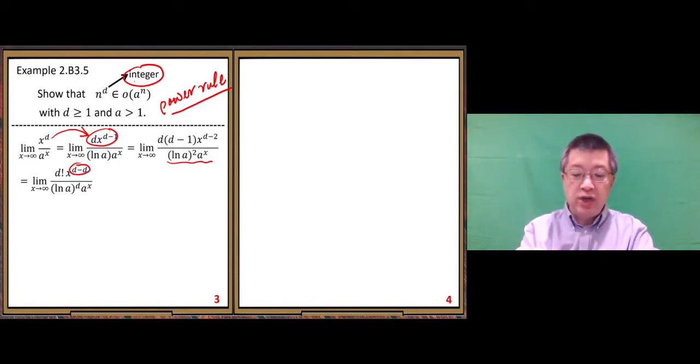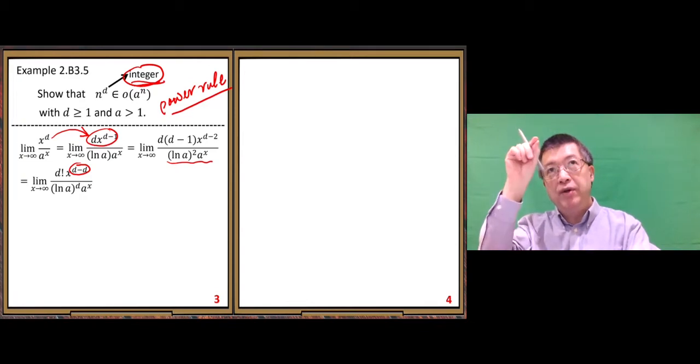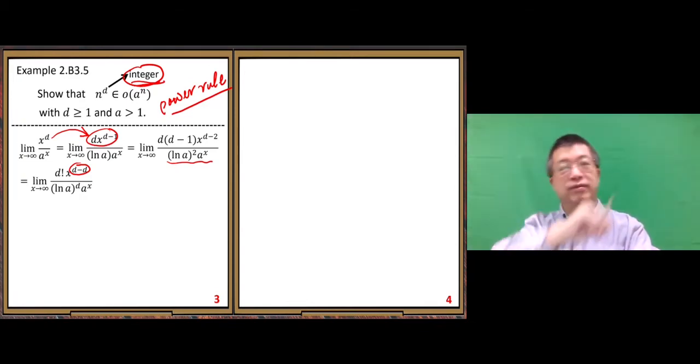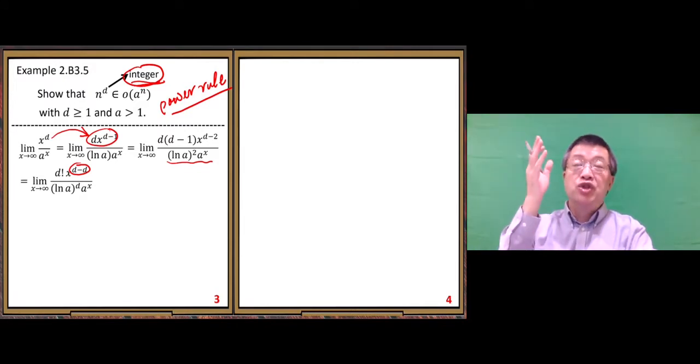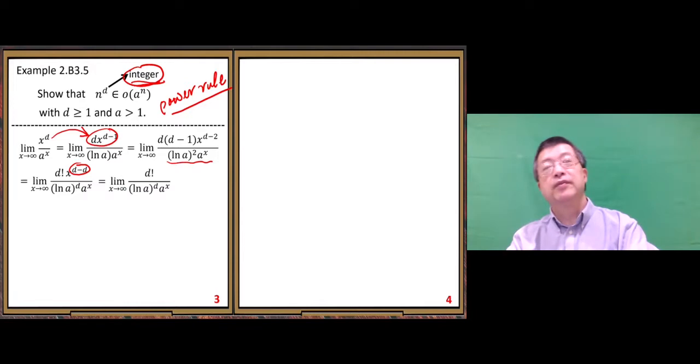Because we assume d is a positive integer, we can get there. Every time we reduce the exponent by 1, eventually we reach 0. When we reach 0, we get d factorial.